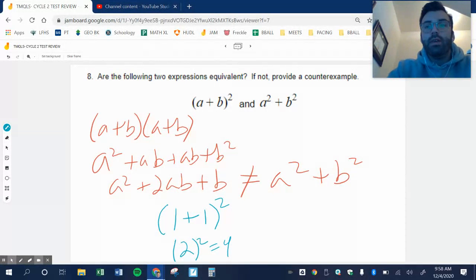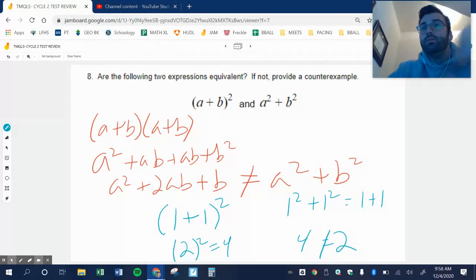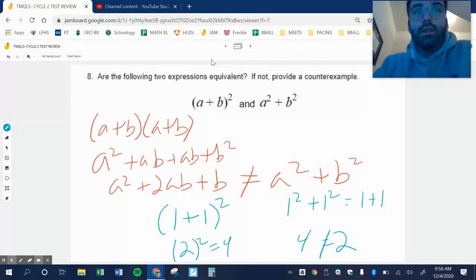If I do 1 squared plus 1 squared, that's 1 plus 1, which is 2. 4 does not equal 2. Therefore, they're not equivalent. You're squaring this entire thing. I'm squaring all of a plus b. I'm not squaring each of them individually.